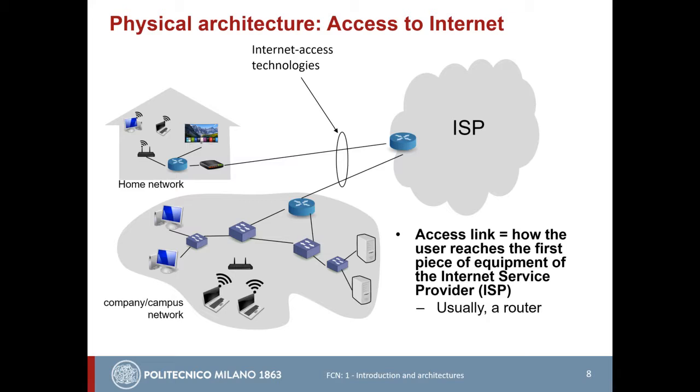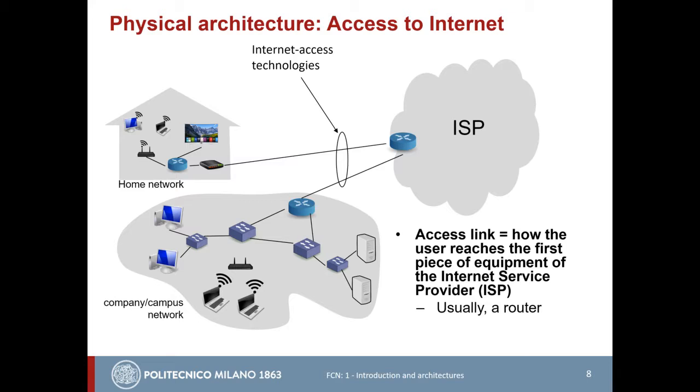And the technology that is used in order to achieve the first router is what is commonly known as access technology. So the access link is the physical implementation, the physical mean that allows your host to be connected to the rest of the network by connecting the host to the first internet node, so to the first router.